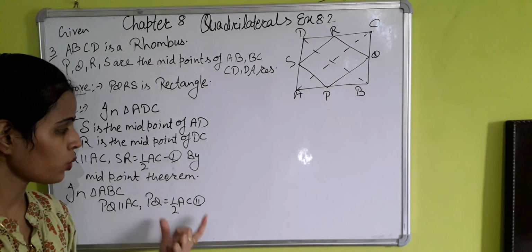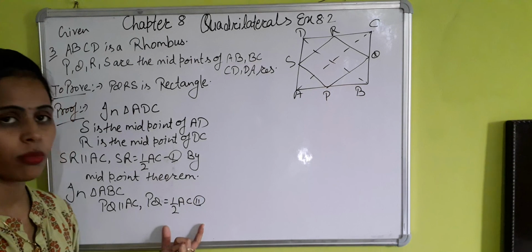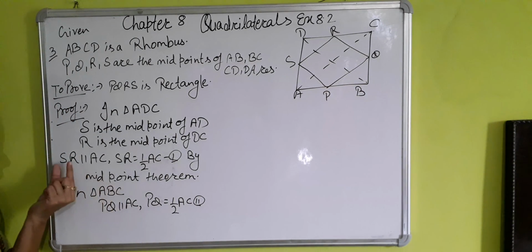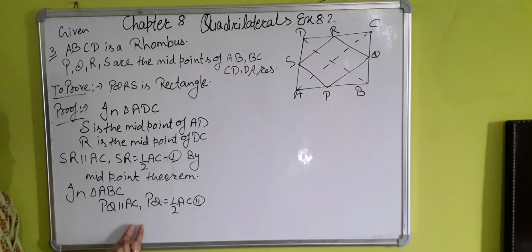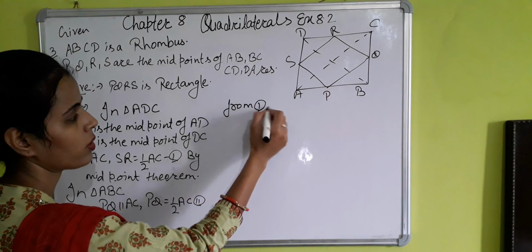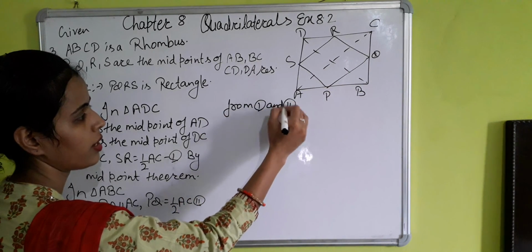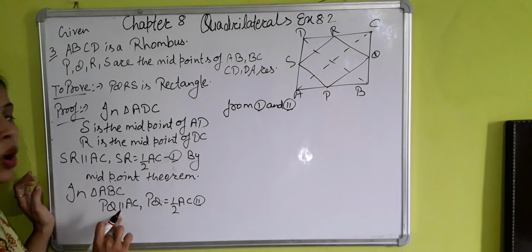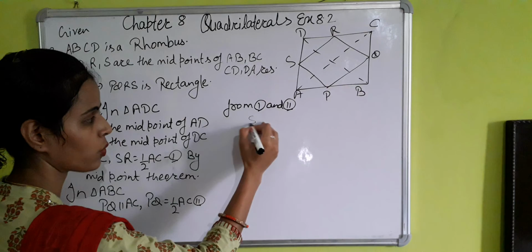Now from these two equations, first and second, SR is parallel to AC, and PQ is also parallel to AC. So we can say that SR is also parallel to PQ.